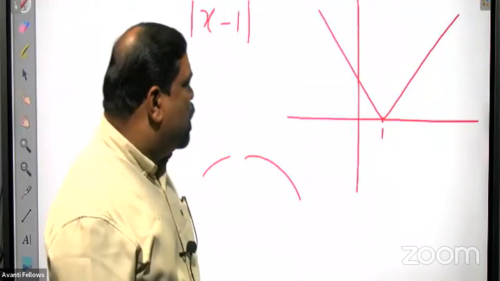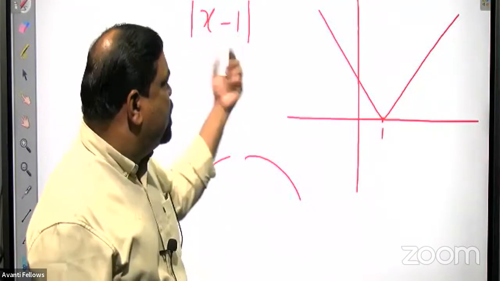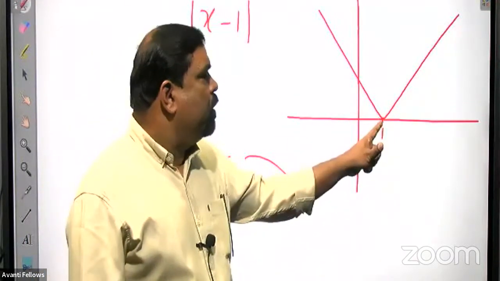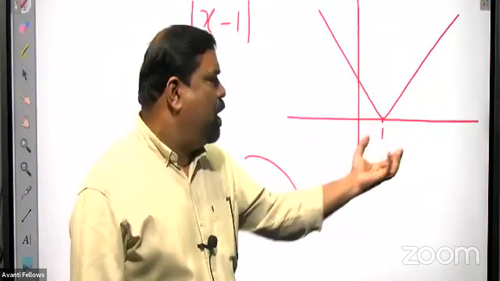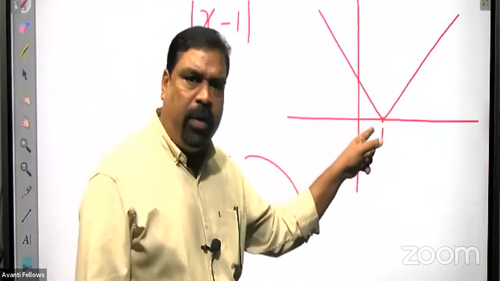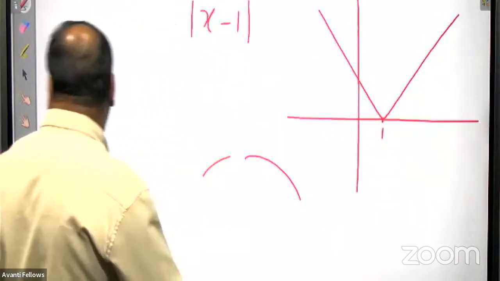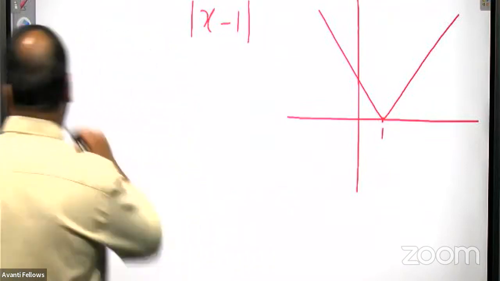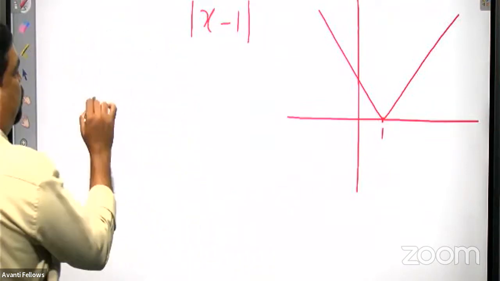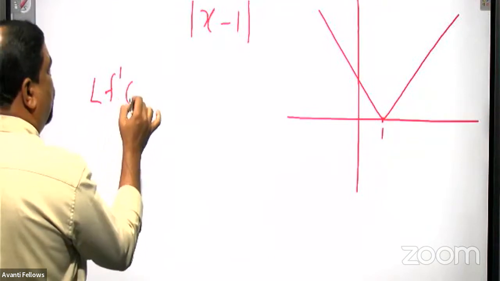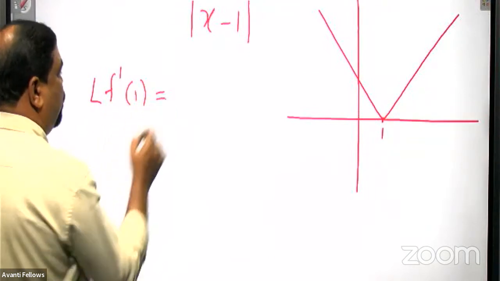Anyway, so I am discussing mod x minus 1 at the point 1. At the point 1, you can see a sharp edge. Very clearly, the function may not be differentiable at the point 1. So let us check algebraically. Let us find the left hand derivative at the point 1.